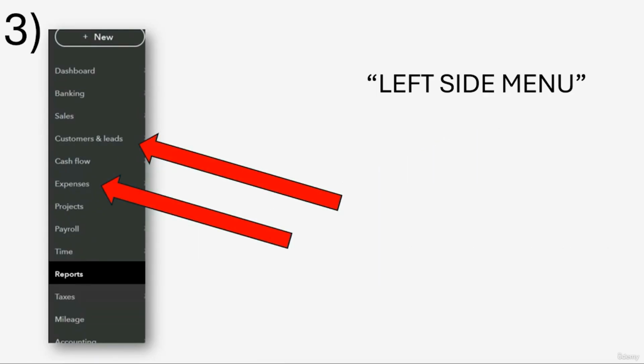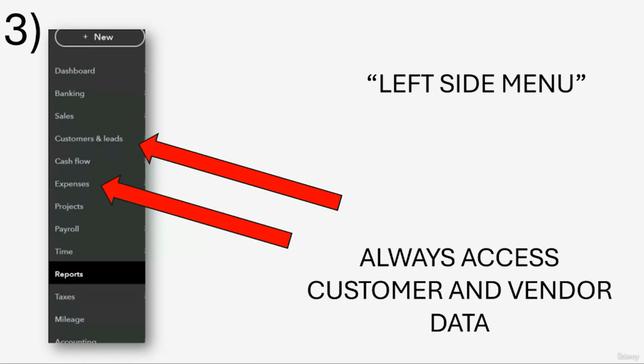You will also be able to access customer and vendor data, like the permanent information for your customers: their name, address, phone number, or any special notes that you'd like to keep for your long-term customers and vendors.